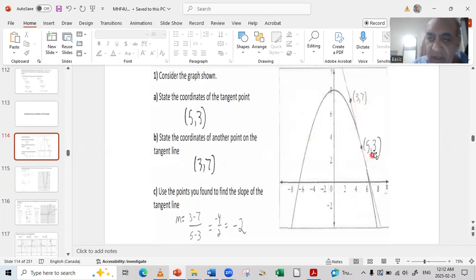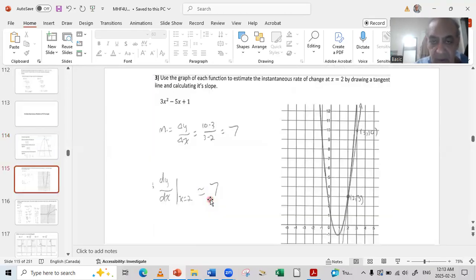So the difference in Y, 3 minus 7, because Y here is 3 and Y here is 7, divided by 5 minus 3. That will equal minus 4 divided by 2, which will equal minus 2. So the slope of this line here is minus 2.